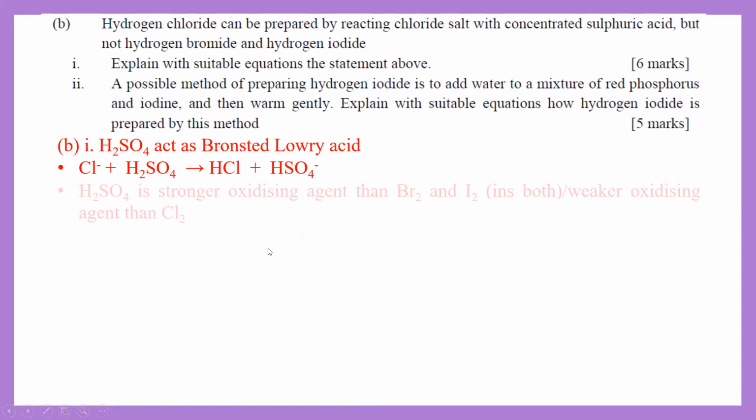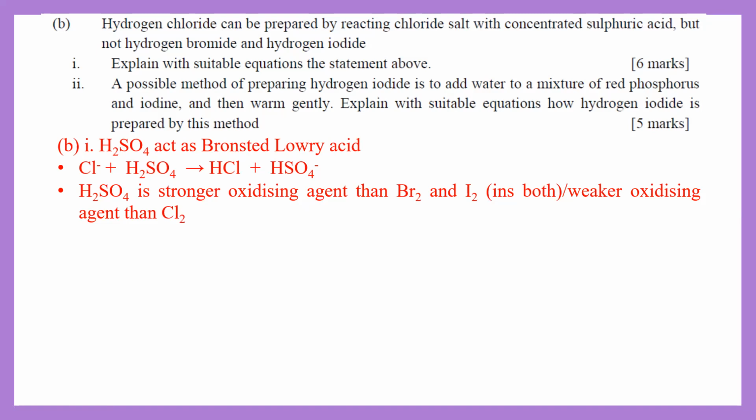Since H2SO4 is a stronger oxidizing agent than bromine and iodine, you have to express both of them. Yet it is a weaker oxidizing agent than chlorine. That is why H2SO4 is not able to further oxidize the chloride ion of HCl to become Cl2.